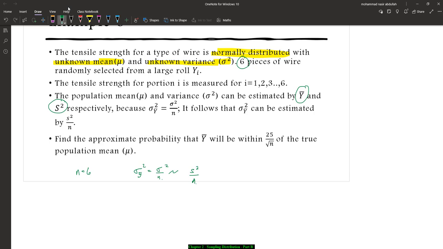We need to approximate y bar to be within 2s over square root of n. It's not 25, I wrote it wrongly; it is 2s over square root of n.